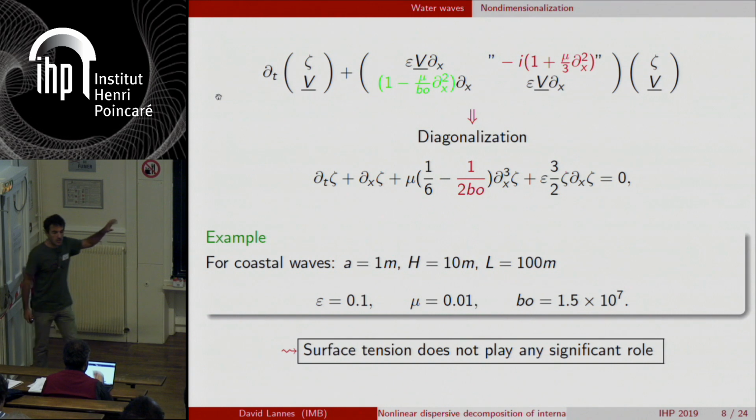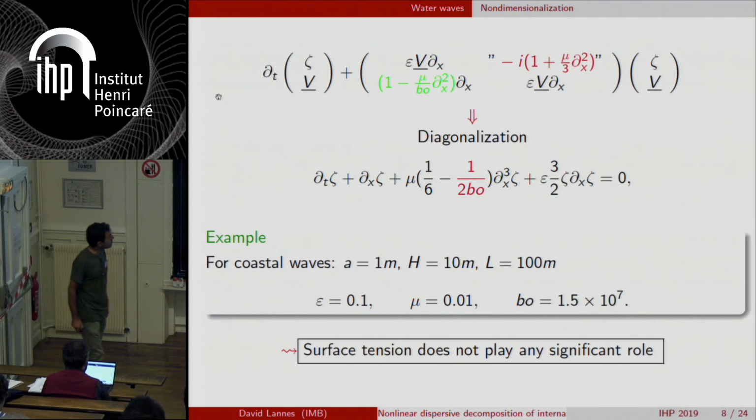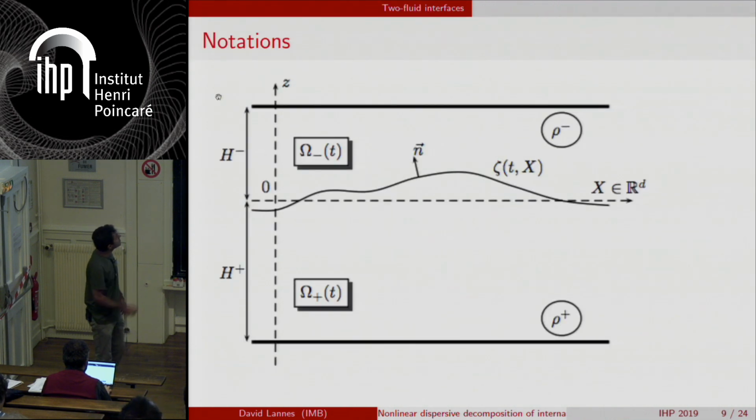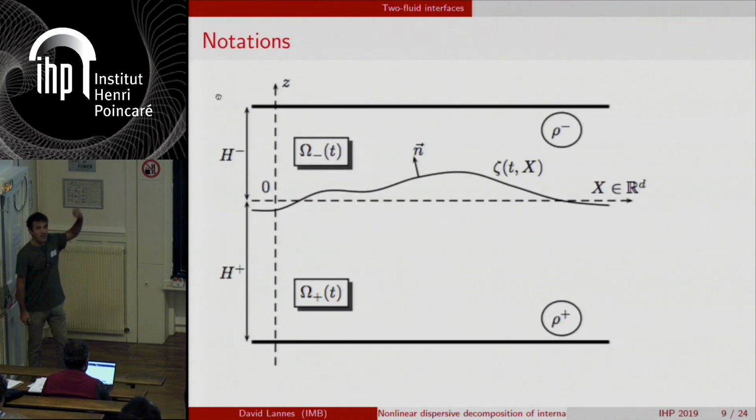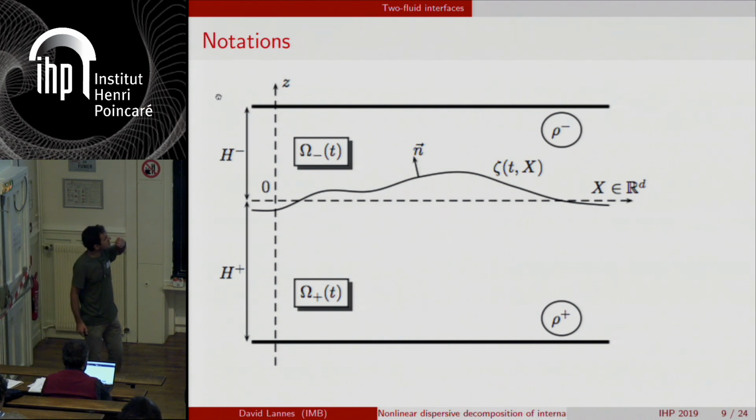The reason why I mentioned this capillary effect is because when you now want to look at internal waves, so waves inside the ocean, they will play an important role, especially if you want to describe these internal waves using a simple formalism, which is the two-fluid formalism, where you have a sharp stratification in the density of the water in the ocean.